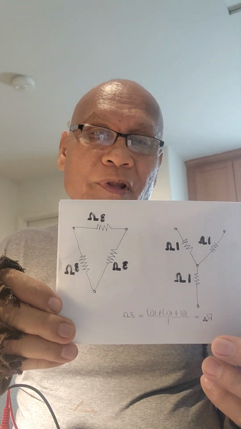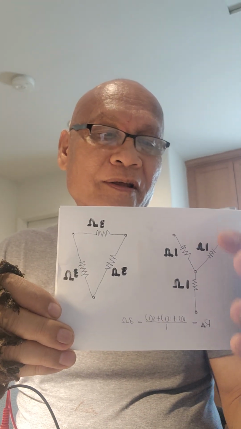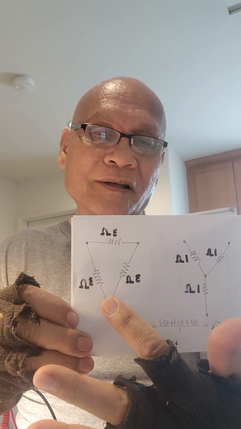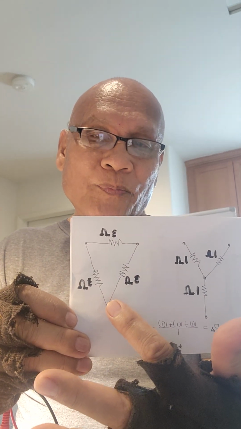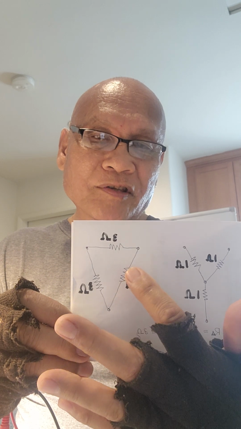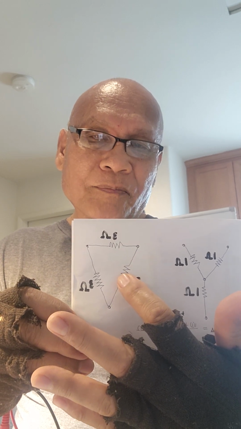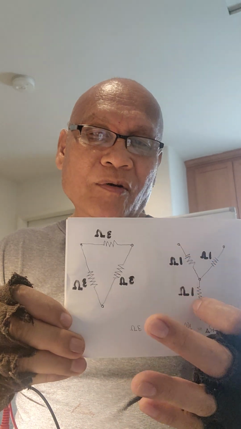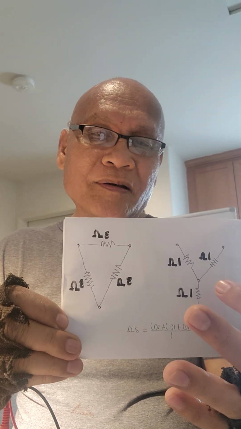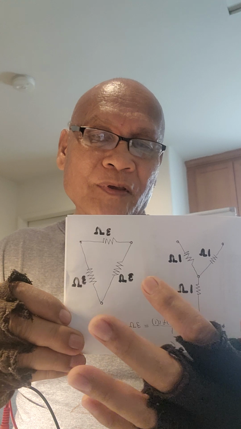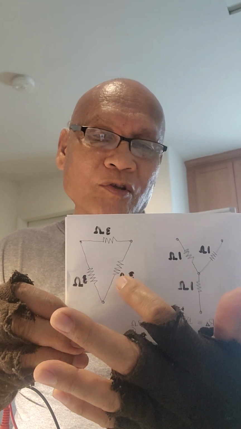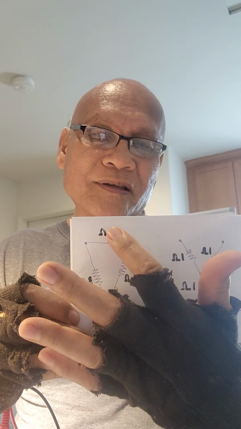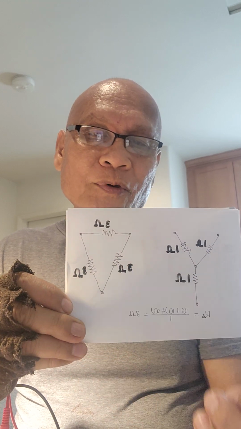And if we would like to convert this Y here to delta, this will be the equivalent delta, we could compute for the equivalent resistances of its branch here. Since the Y loads are all equal, just for simplicity, of course, the delta loads will also be of equal values on its branch. And I have computed it.